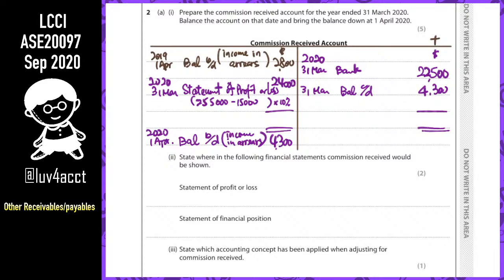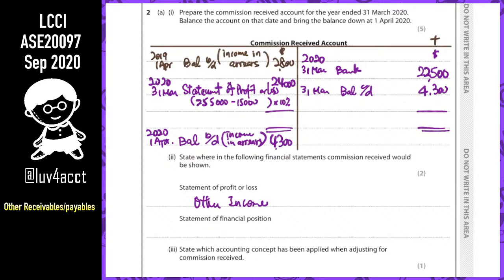A2, state where in the following financial statements commission received would be shown. In the statement of profit or loss, it would of course be shown in the other income section.